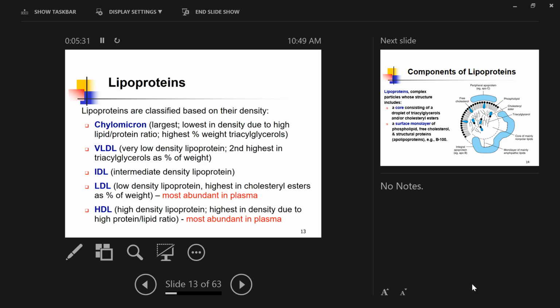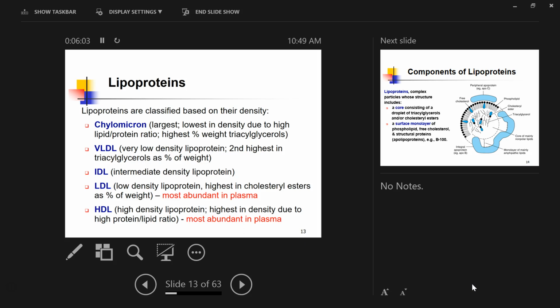So the density of the lipoprotein basically depends on how much protein the lipoprotein contains, or the ratio of lipids to protein. That determines the density.